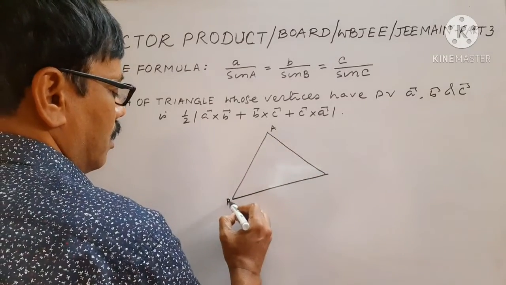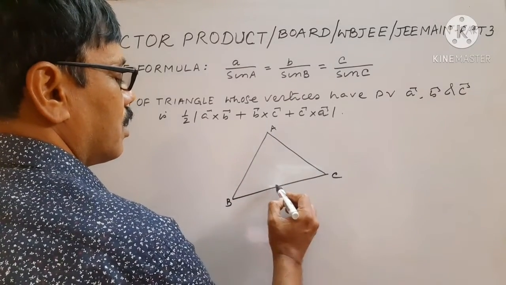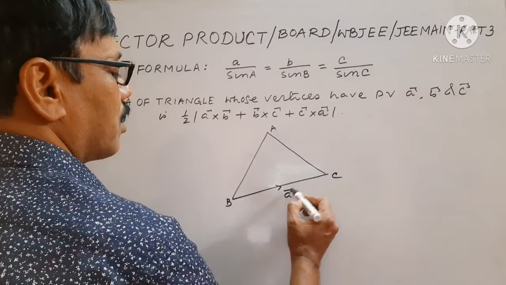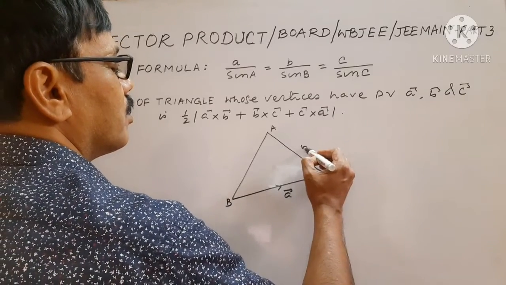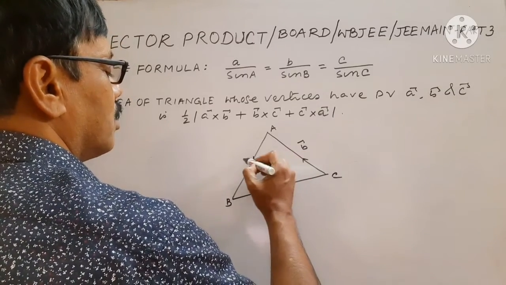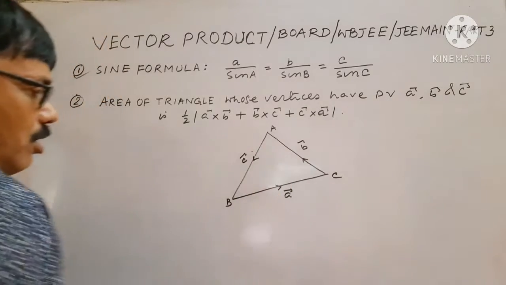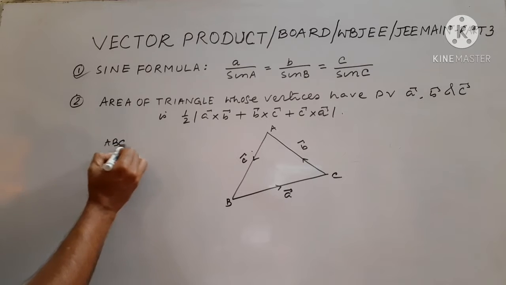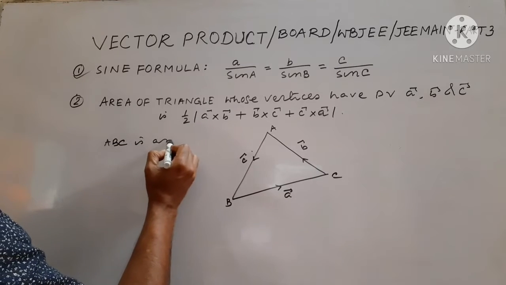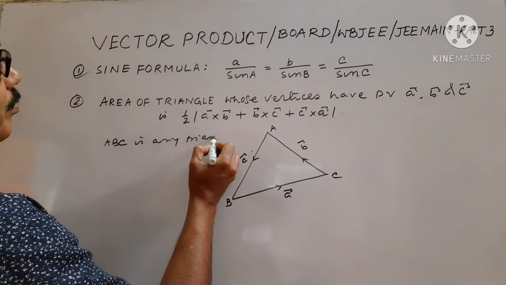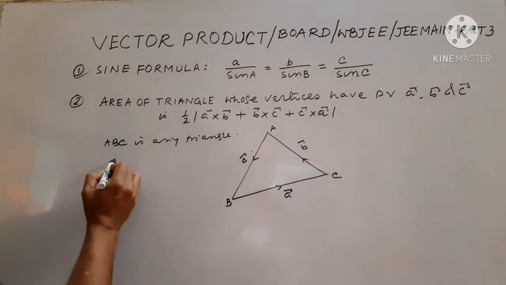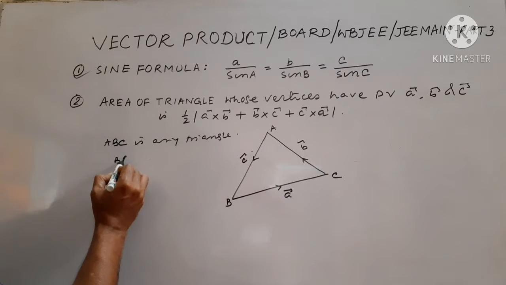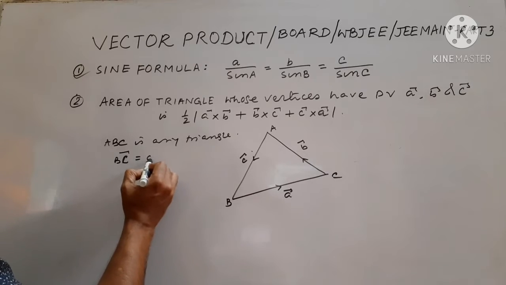A, B, C. This is A vector. This is B vector. This is C vector. So, ABC is any triangle. BC equals A vector.